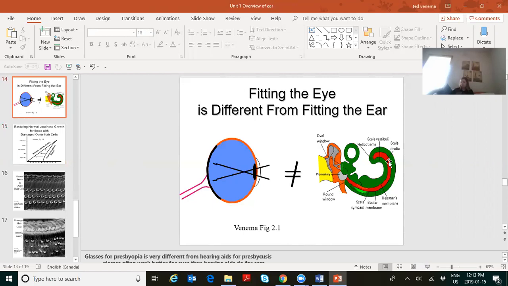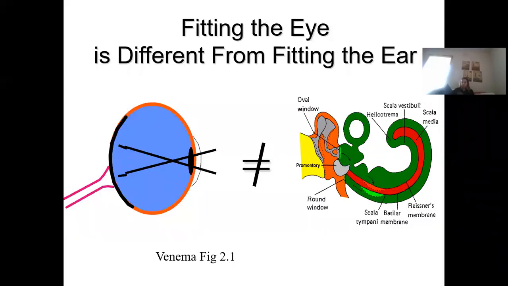And in hearing loss, that's where the damage is. Whereas in vision loss, that's not where the damage is. In vision loss, it's usually that the eyeball is too long or too short. And so light isn't properly, look where my cursor is, it's not reaching the back of the eye. So you wear glasses to refocus the light so it does hit the back of the eye. And then Bob's your uncle, it's all good.